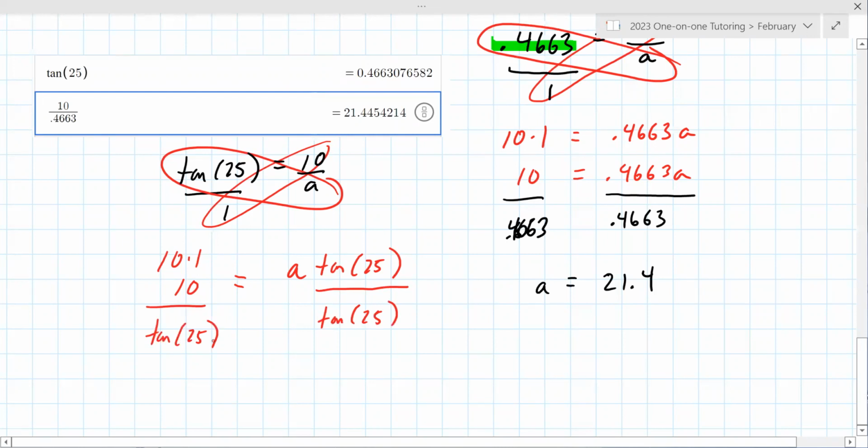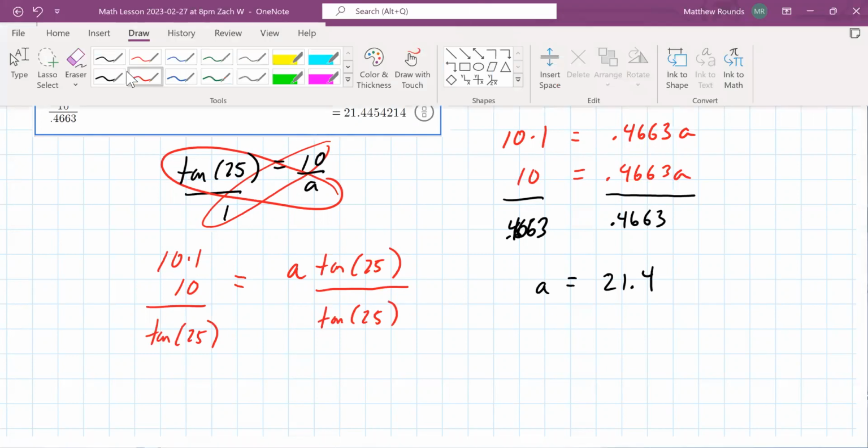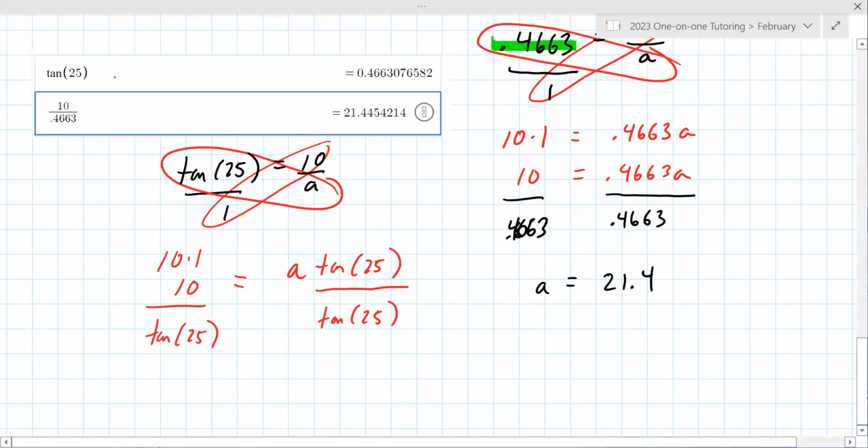So then that just makes it 10 over tan 25. 10 divided by tangent of 25 equals A. These cancel, just like the 0.4663 is canceled.